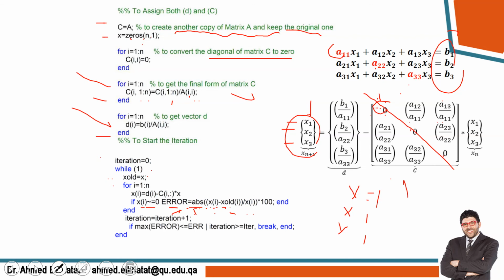Then iteration equal iteration plus 1. If the maximum error is below the tolerance, or the iteration is larger than the maximum iteration, then break, end. By this we find the iteration.